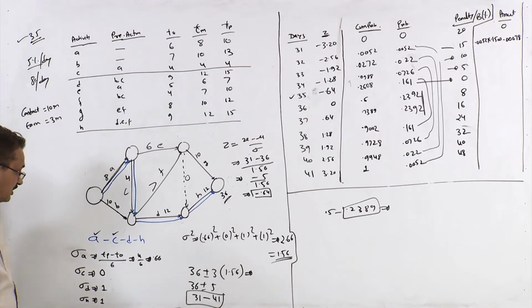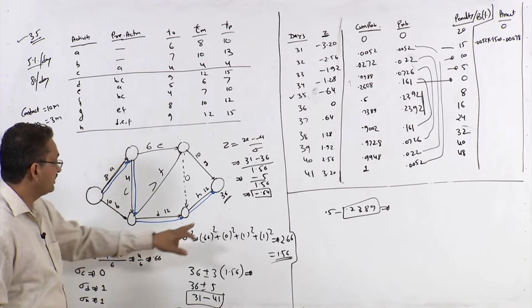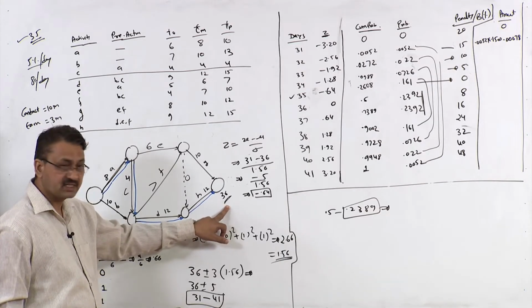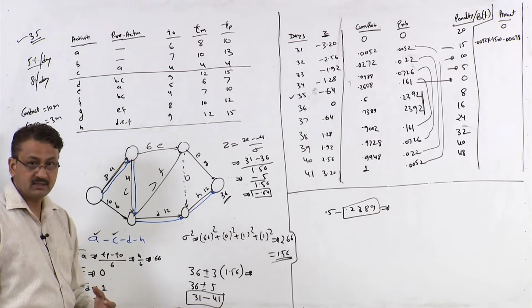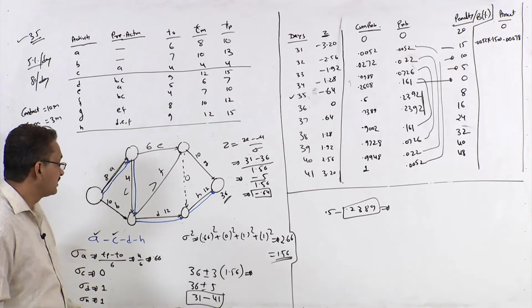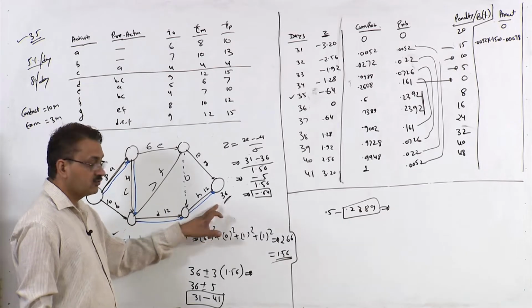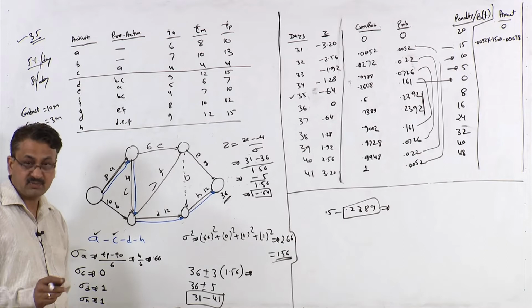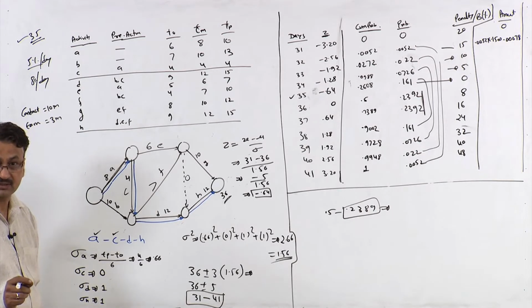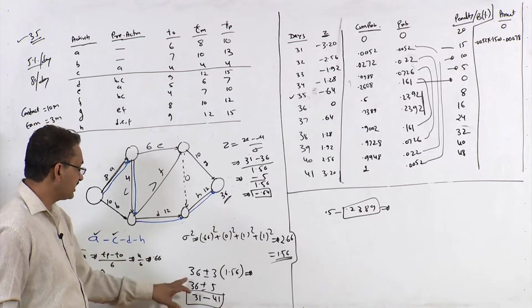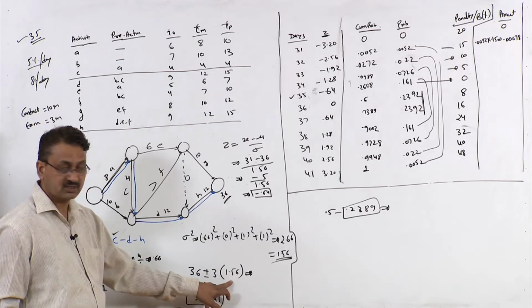Now what we have done, after finding this value 36 days, which is the mean completion time of the project, we have taken the probability of plus minus 3 sigma deviation from 36 days. So 36 plus minus 3 standard deviation, right.